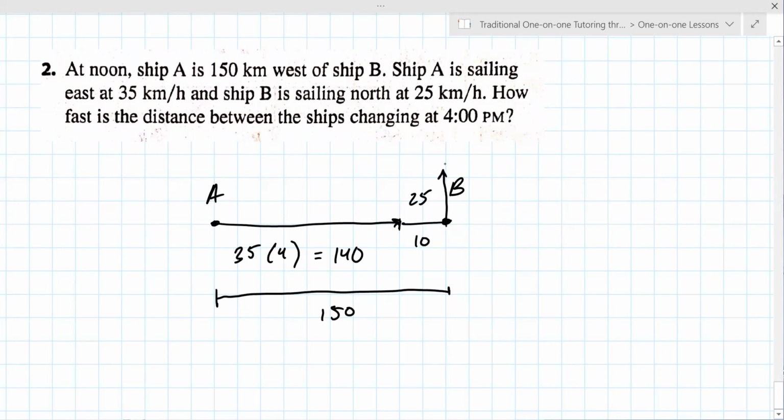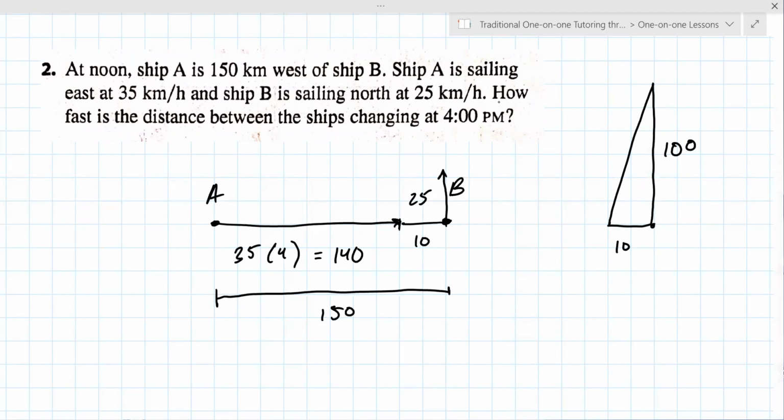All right. B has been going for 4 hours also, but they're only going 25 miles per hour. So they're up here at 100. So at time 4 o'clock, this is 100 and this is 10. Okay. And this is really critical to get this final triangle settled. If you hadn't said that, I probably would have done this completely wrong.